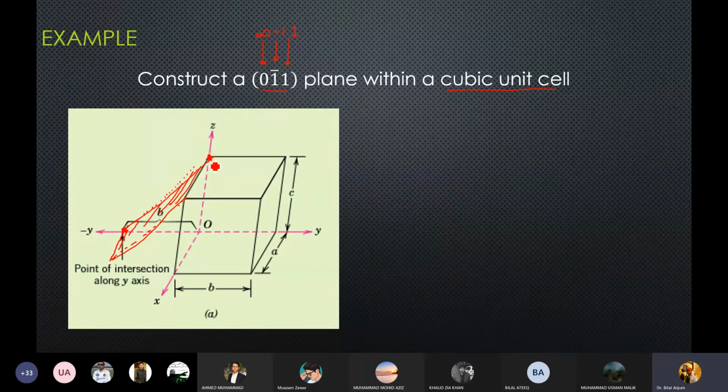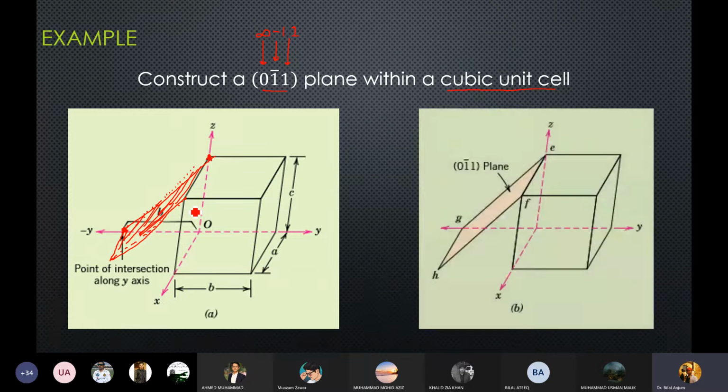This plane would essentially not be crossing the x-axis. To have a better view, this is your plane: cutting the y-axis at minus 1, cutting the z-axis at 1, and being parallel to the x-axis. All right? Yes, sir.